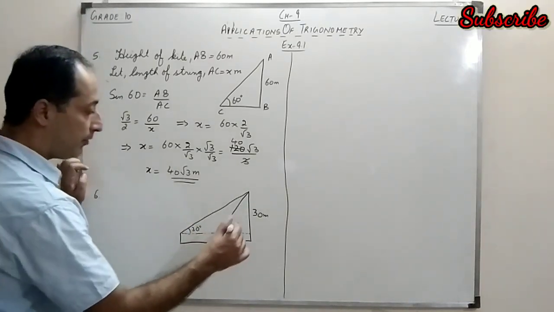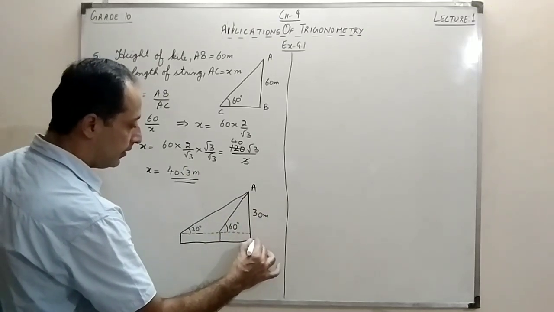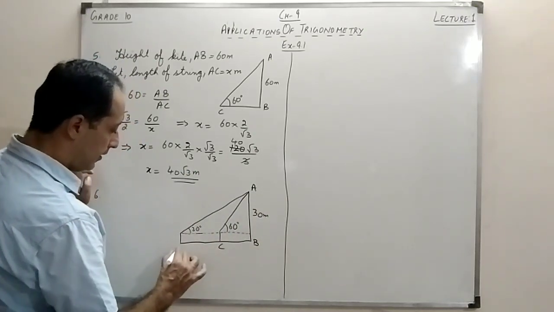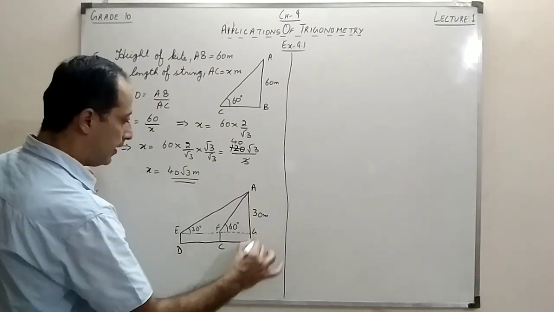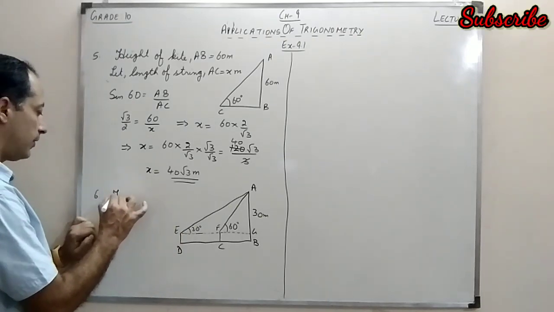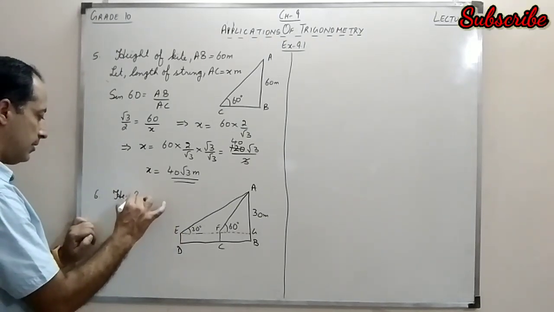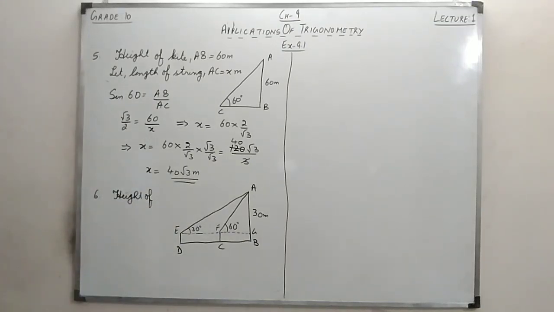Before finding anything, let's name the different points. That will be A, B, C, D, E, F, and G. Now, the things which are given: this is basically a building.